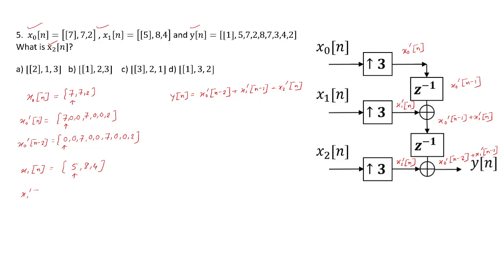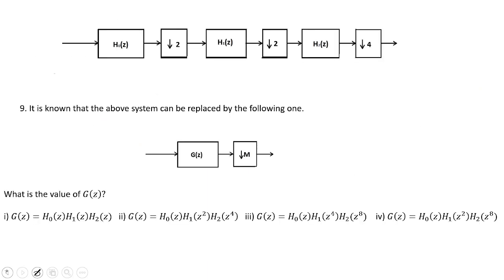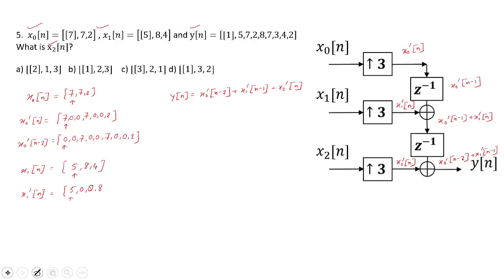We make x1 dash of n as 5, 0, 0, 8, 0, 0, 4, and for x1 dash of n minus 1, you shift the sequence to the right by 1 unit to obtain the following sequence.